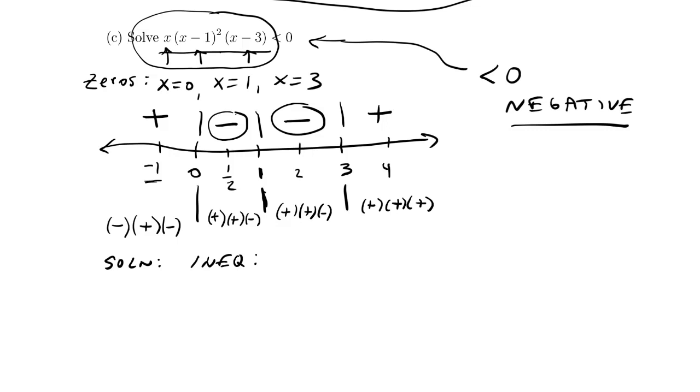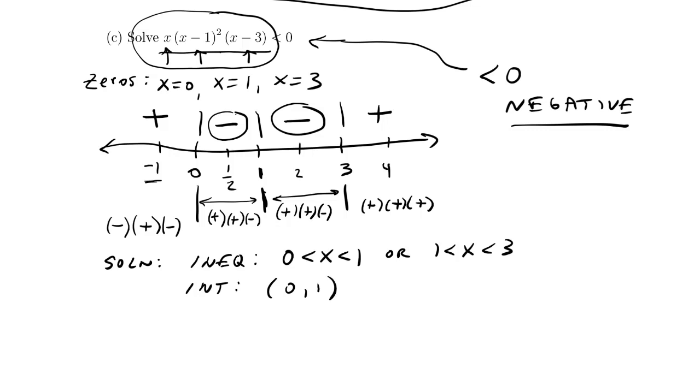So I have to write this as 0 less than x less than 1, or I can be in this other region, which would be 1 less than x less than 3. Interval-wise, that would be 0, 1, not including either endpoint, union 1, 3, again not including either endpoint.